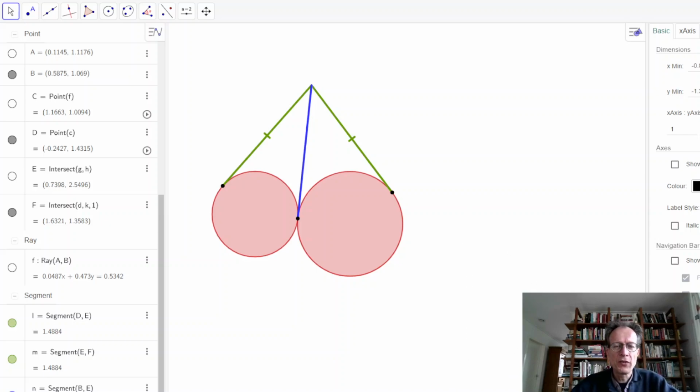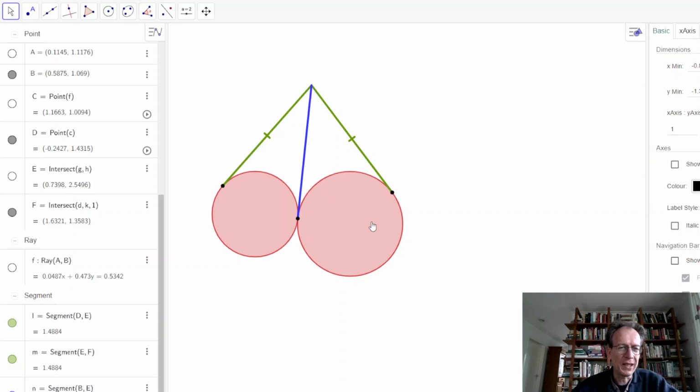Welcome to the solution video for the puzzle which was published on March 14th of 2024, and it was called Cherries. And it was called Cherries because it shows two circles, not necessarily of equal radius, and two tangents.